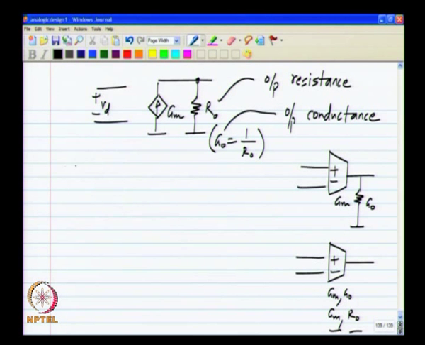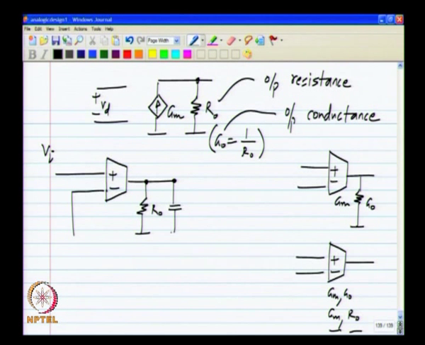Okay. So, let us do that to our amplifier and see exactly what happens. In this case, I will show it explicitly outside. First, let us reason out what happens and then analyze and see exactly what happens.